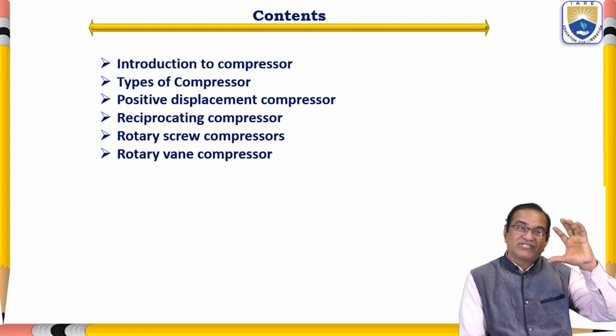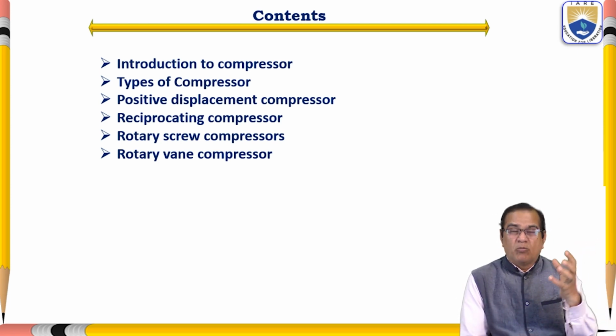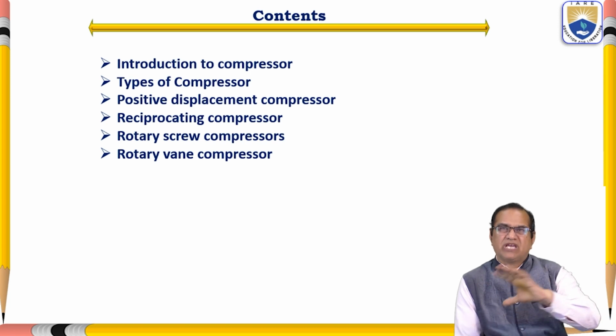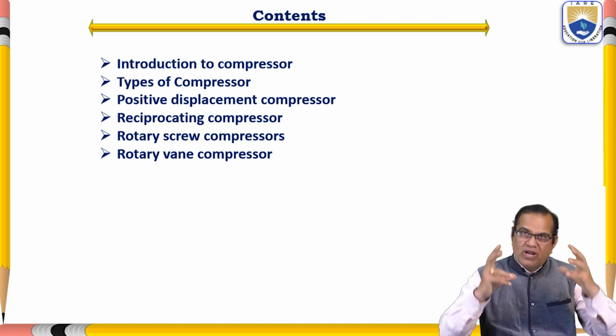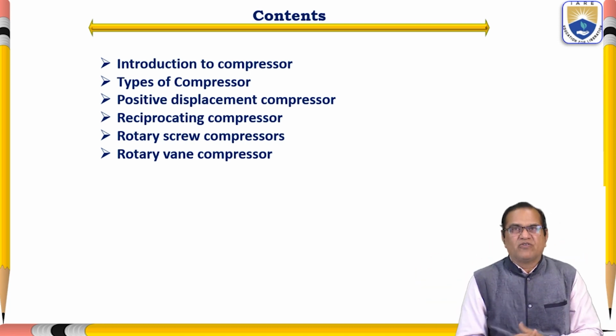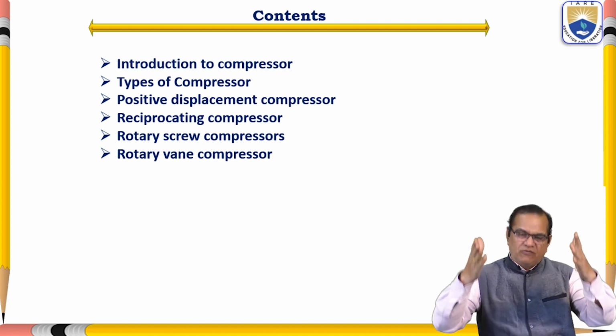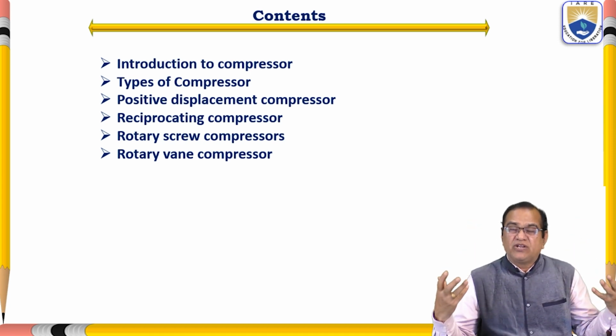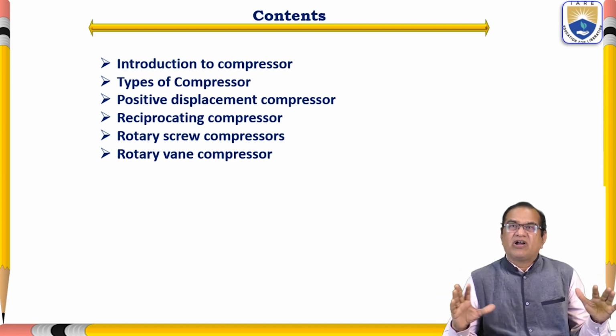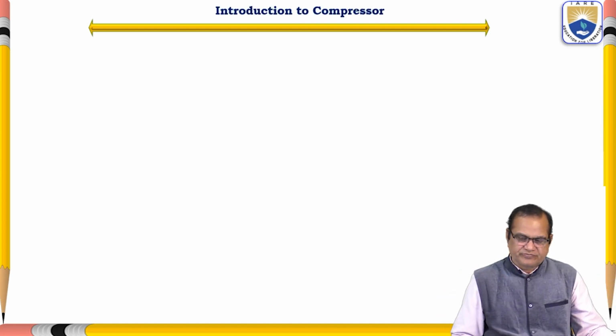They can be used for a certain area, they are more effective there, but they cannot be used everywhere because they have some limitations, some advantages and some disadvantages. We cannot use one type of compressor everywhere. So as per that, we have made different types of compressor. They are developed for different purposes.